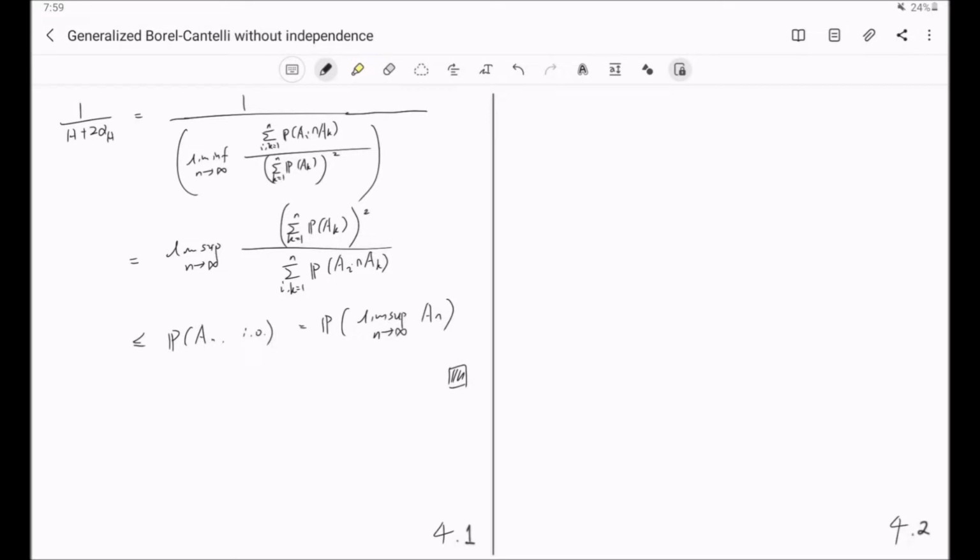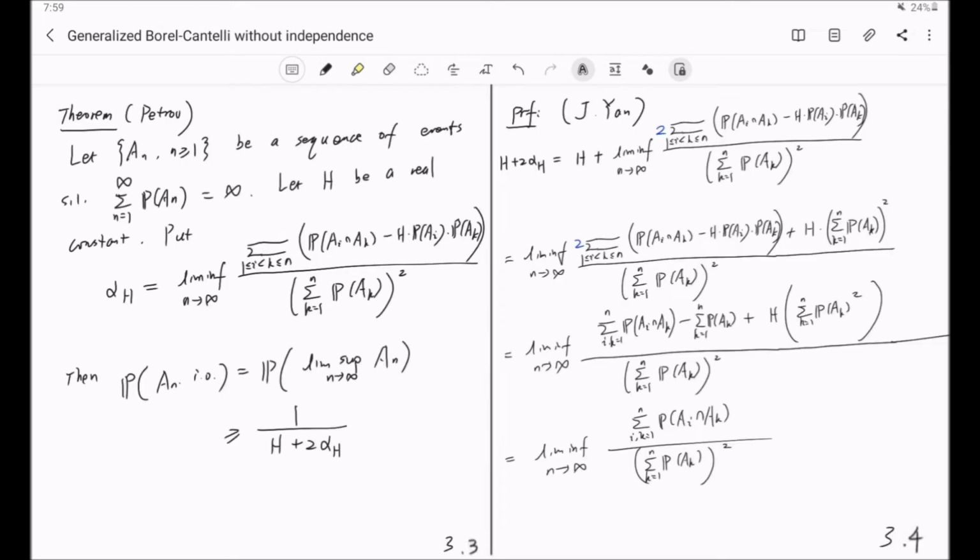Now, I would like to make some remarks on our theorem and its proof. First of all, it follows from this proof that h plus 2 of h, which is the lim-inf of a non-negative number, will be non-negative.